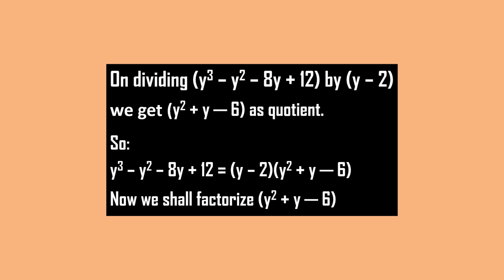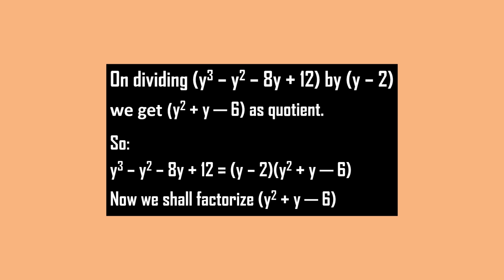We will come back to the second method, but before that, one small thing. On dividing the expression by y minus 2, we get y^2 plus y minus 6 as the quotient, and the remainder is 0. So we can say that the expression y^3 minus y^2 minus 8y plus 12 can be written as y minus 2 as one factor and y^2 plus y minus 6 as another factor, that is, the divisor into the quotient.